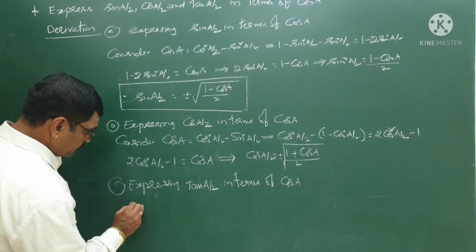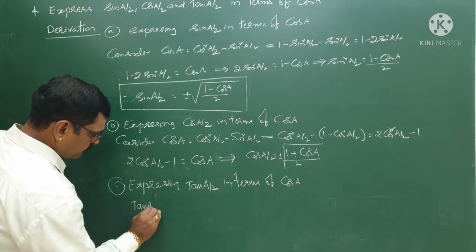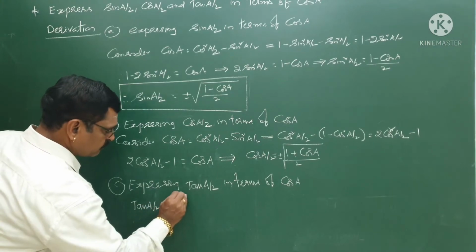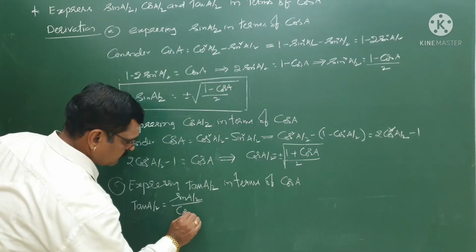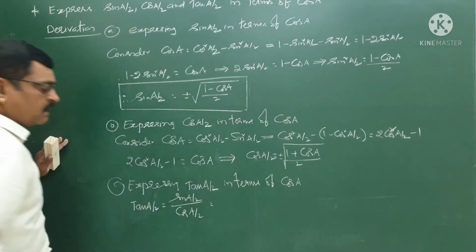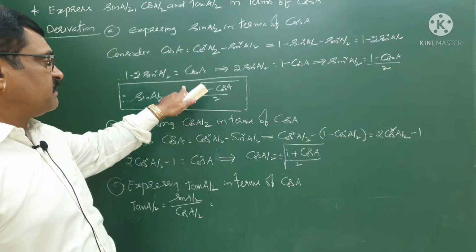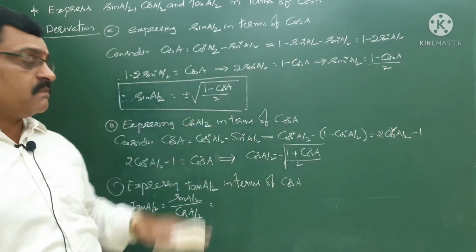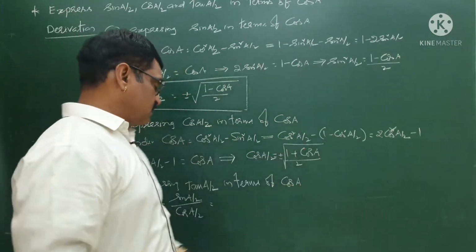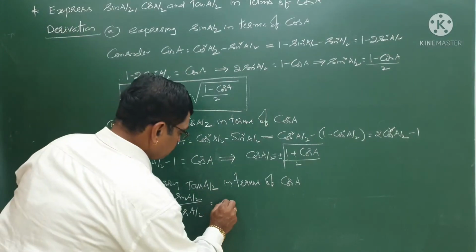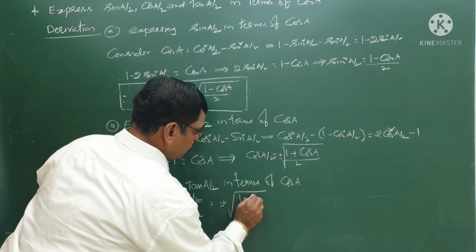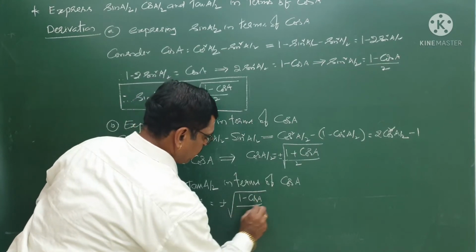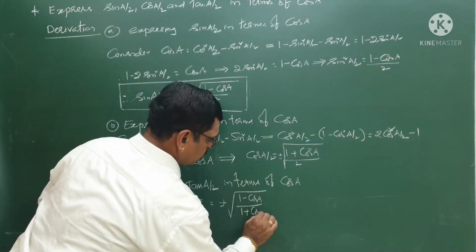We have tan A by 2 is equal to sin A by 2 by cos A by 2. And sin A by 2, just now we got plus or minus root of 1 minus cos A by 2, and this is 1 plus cos A by 2. So we get plus or minus under root of 1 minus cos A by 1 plus cos A.